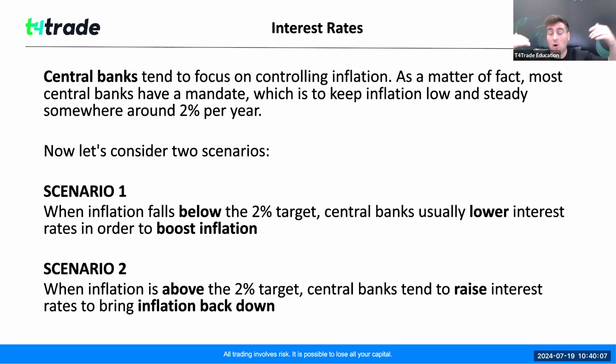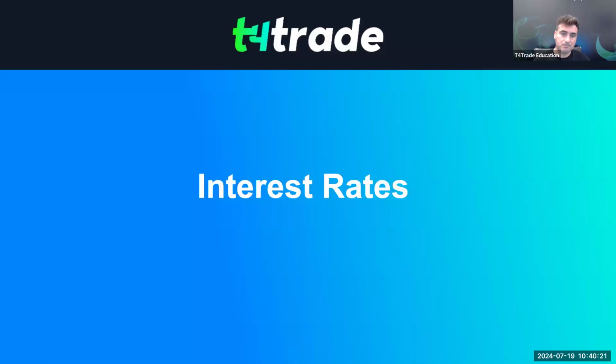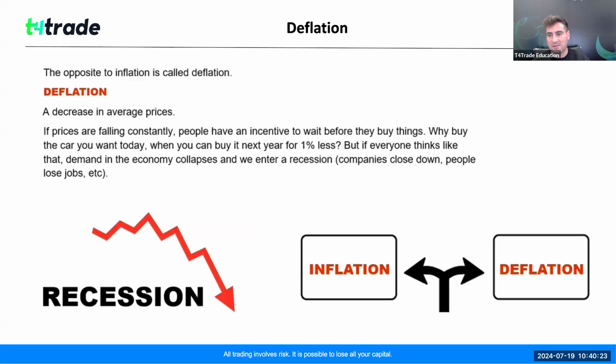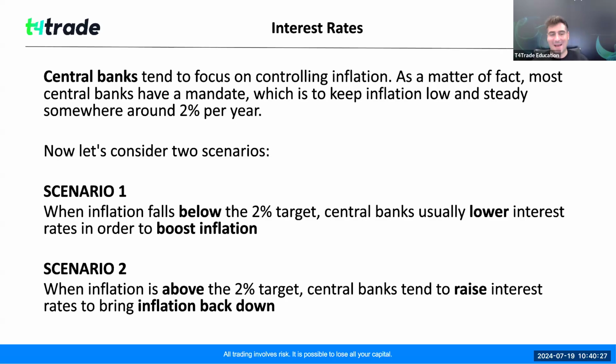So below the 2% target, that means we are venturing into deflation territory. Okay, so a steady fall of prices is going to create this scenario if it's left unattended. Why buy something now when I can buy it a few months down the line cheaper? So this gives consumers an incentive to stay away from purchases.